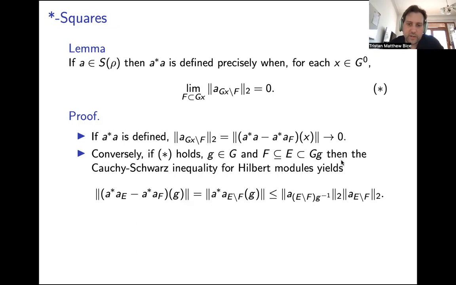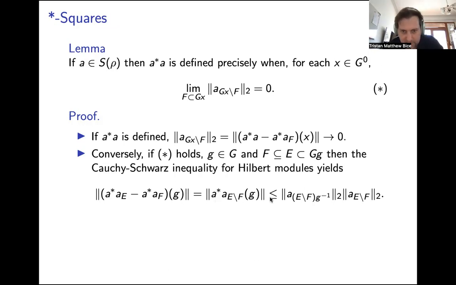So the Cauchy-Schwarz inequality for Hilbert modules, as we did last week, you're looking at this Hilbert module defined by taking the sum of the Hilbert modules corresponding to the fibers which share a source with G. Then you can see that the inequality tells you that the norm of the difference of these at G is equal to this by definition.